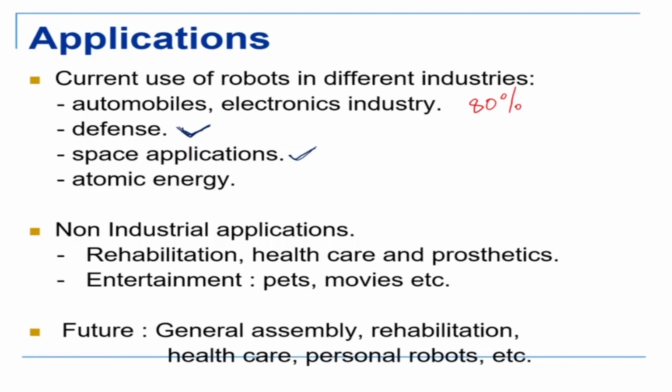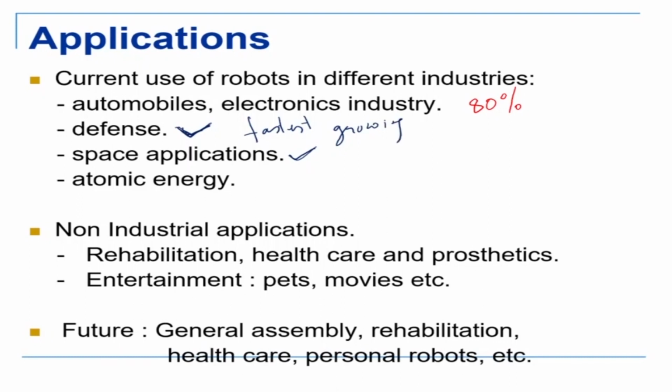These are applications which are coming up very fast, and because of advancements in technology, we are having new applications almost every day. So defense is probably the fastest growing. If I were to say the fastest growing, then it is the defense sector in robotics.